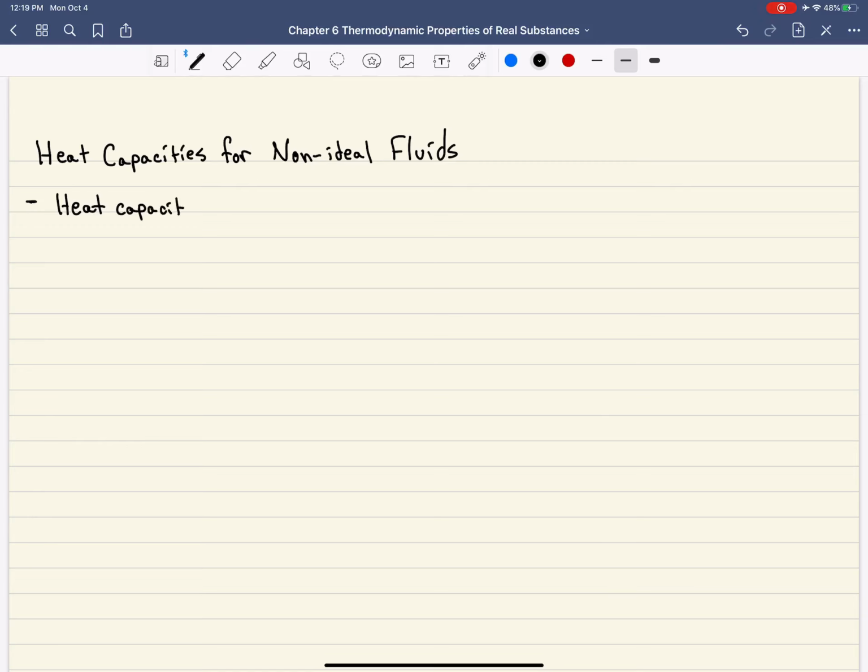So heat capacities themselves can be modeled using equations of state. Okay.